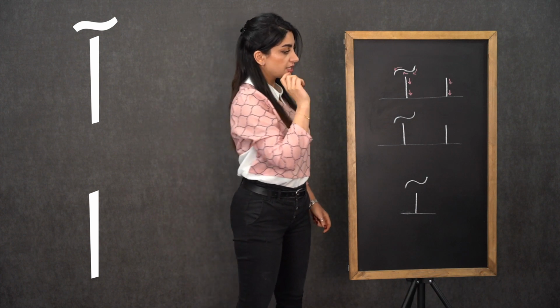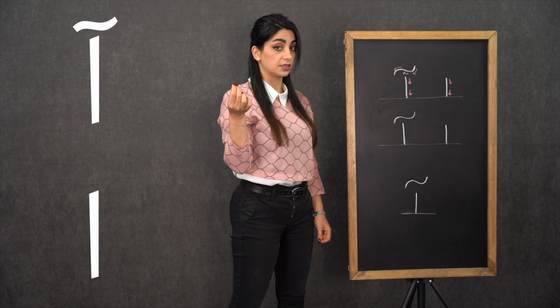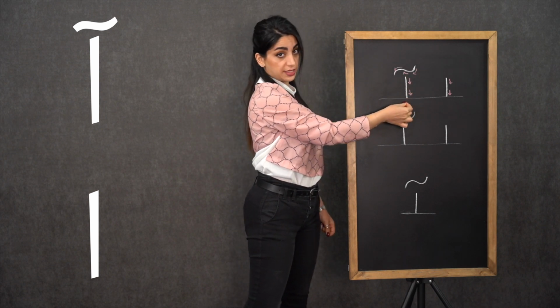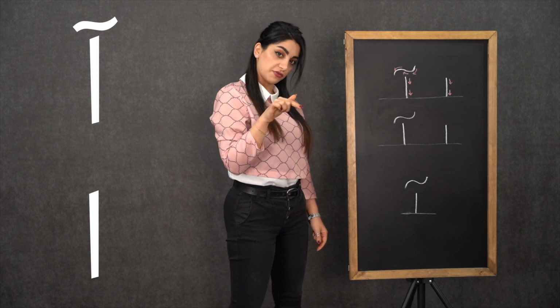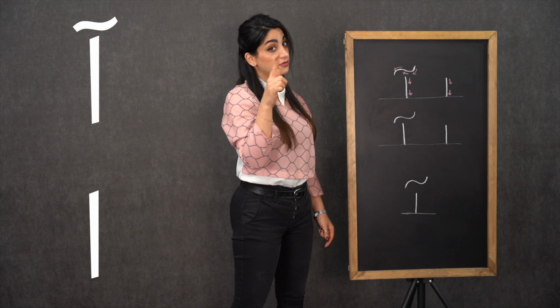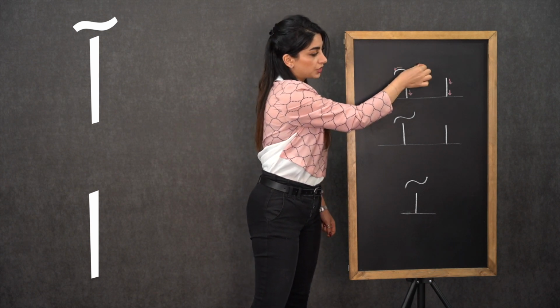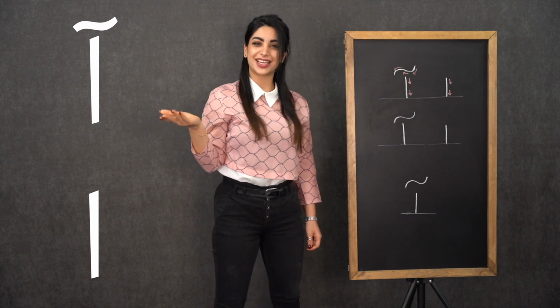I put the tip of my pen or pencil here, draw a line until I reach this line, and then I draw something like a C wave, like a hat above it. And that's all.